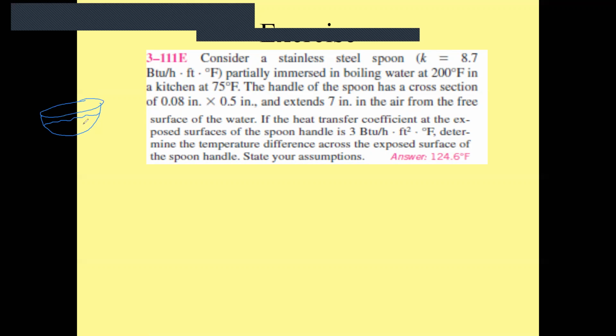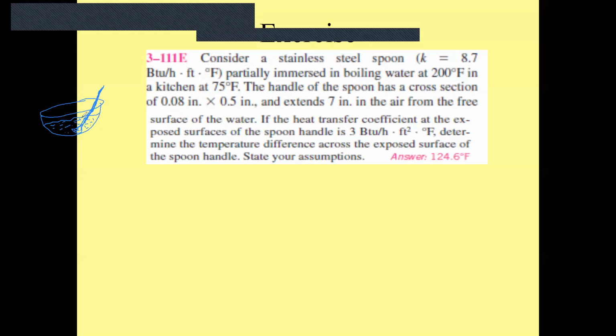Then you have a spoon. Supposedly this is a straight spoon. This is very hot. The temperature of the part of the spoon submerged in the boiling water must be the same, isn't it? They must at one time reach equilibrium, so they are at the same temperature.